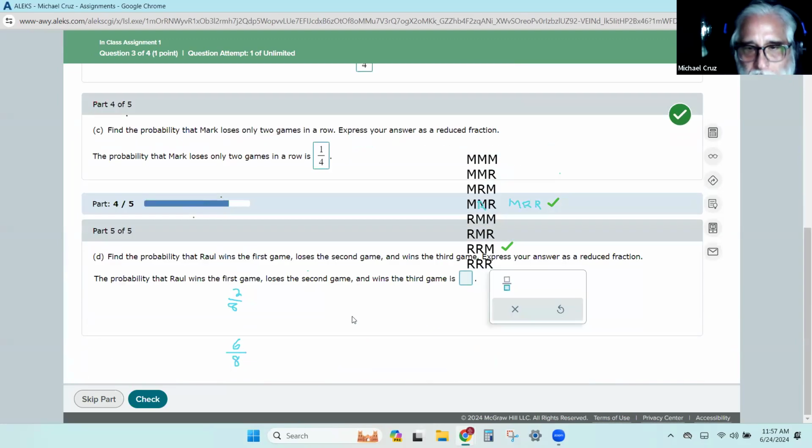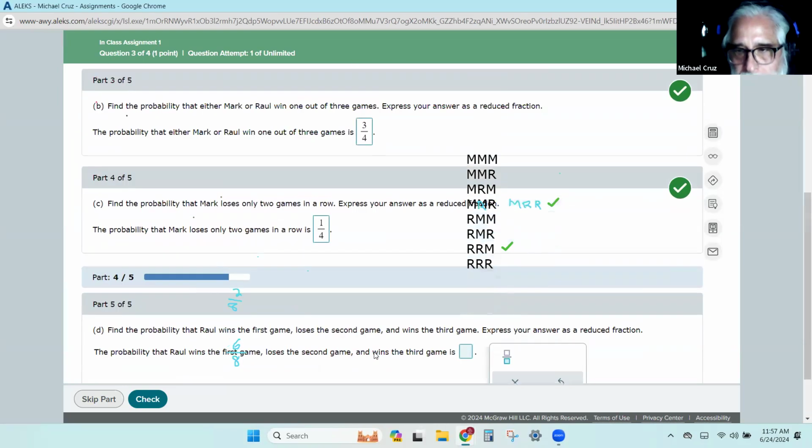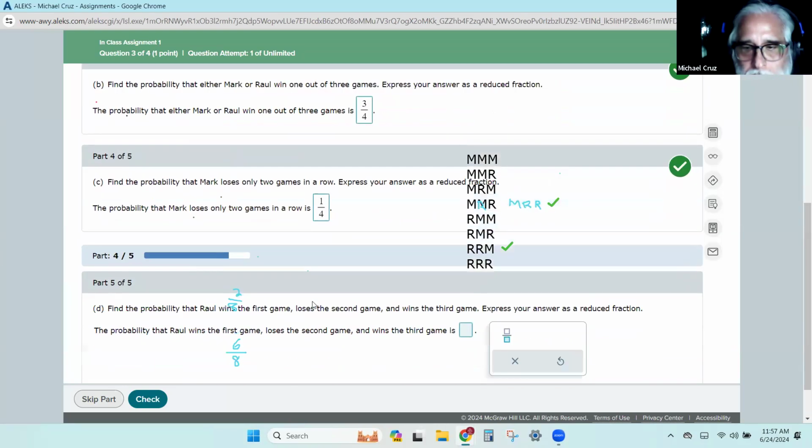Find the probability that Raoul wins the first game, loses the second game, and wins the third game. So that's simply going to be, we're going to look for one instance. So that's the probability of Raoul, Mark, Raoul. All right.